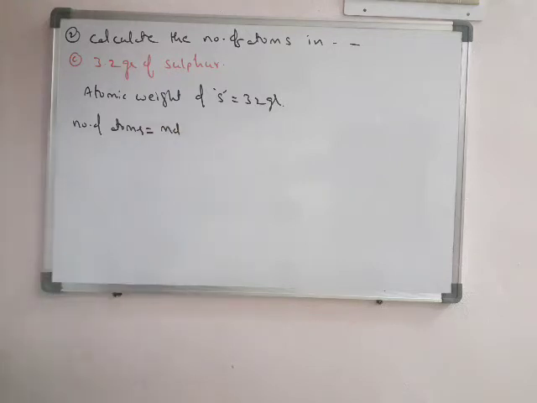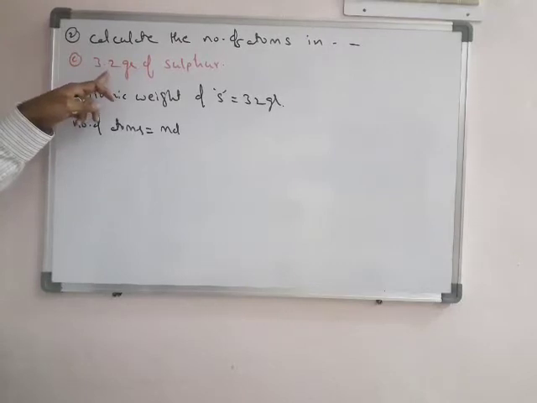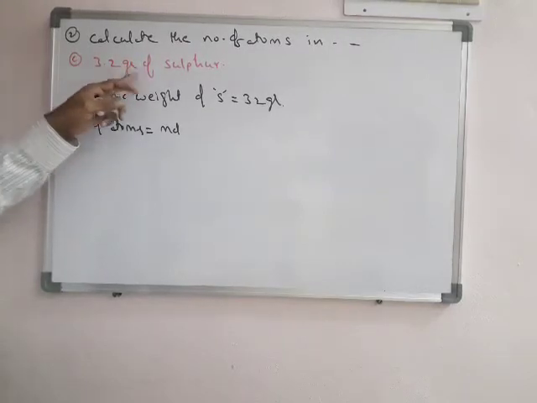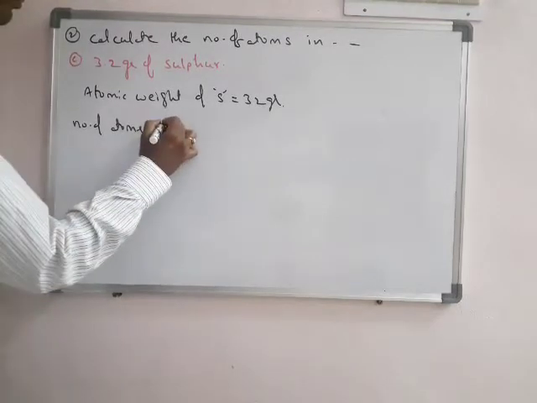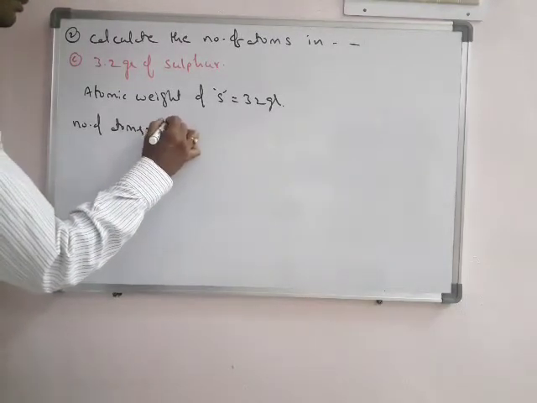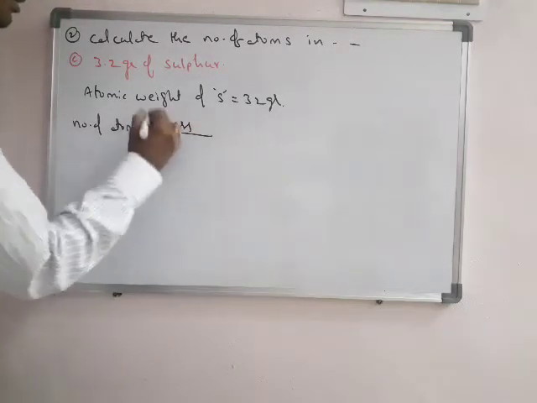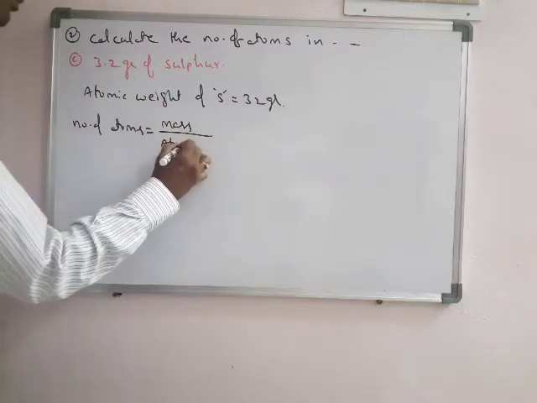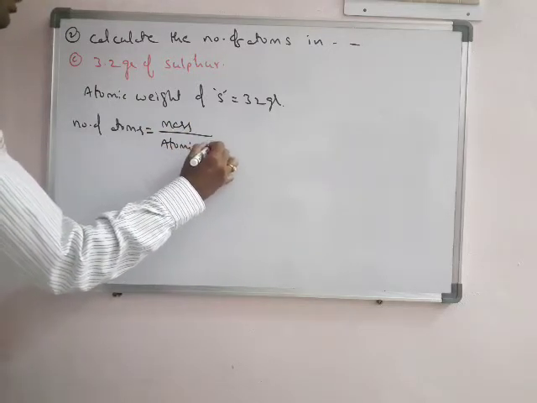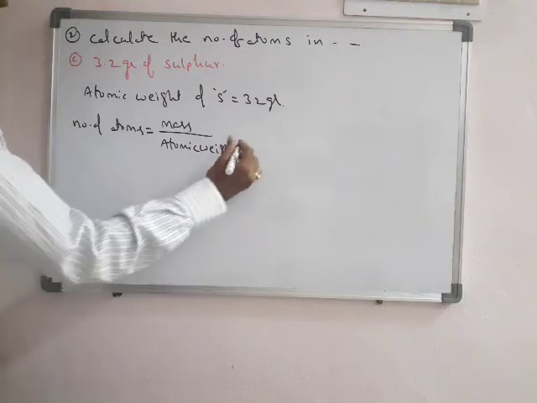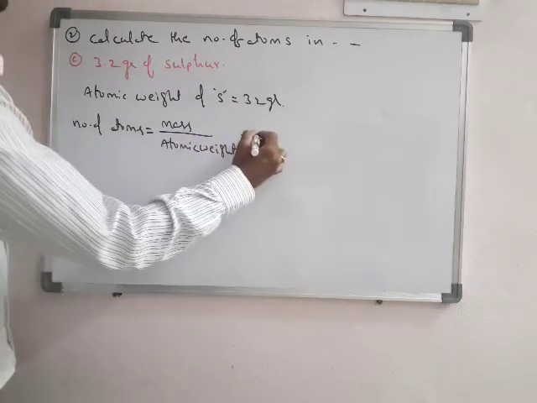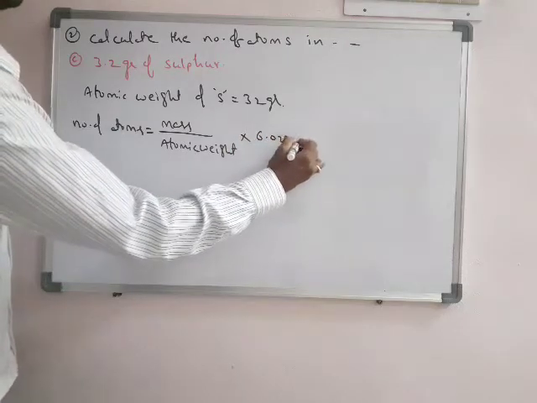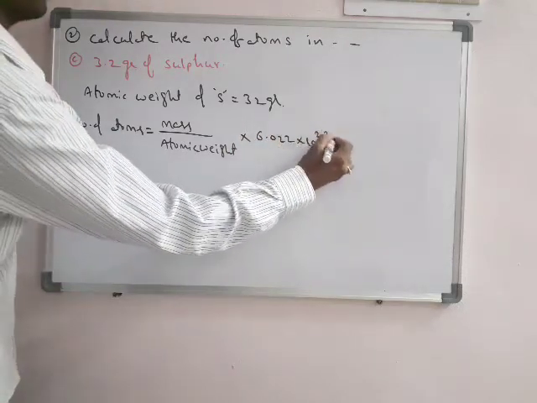Moles formula తీసుకుంటాం, but here it is given mass. So mass ఇచ్చి atoms calculate చేయాలంటే we need to take the mass by atomic weight into Avogadro number. It's a general formula.